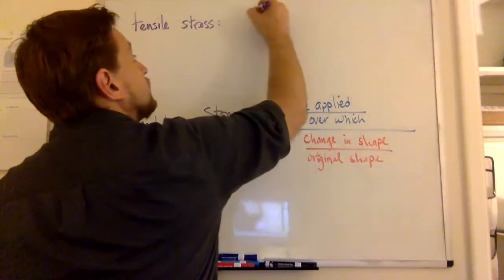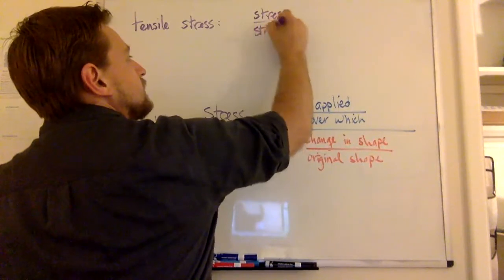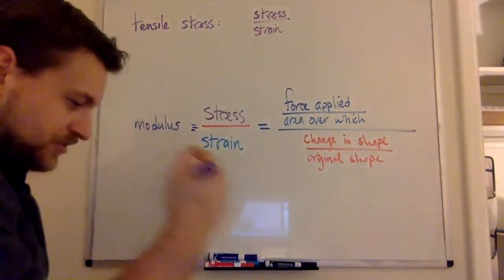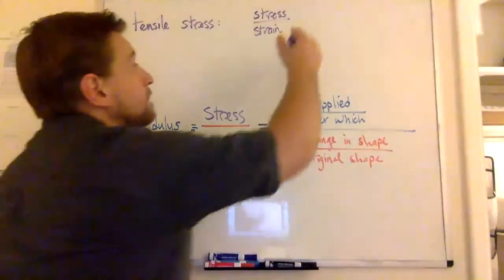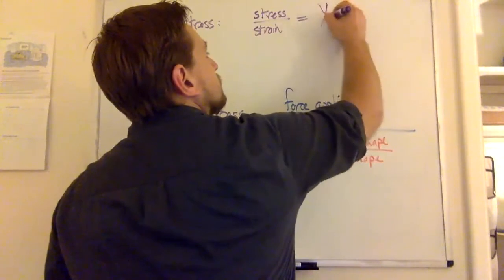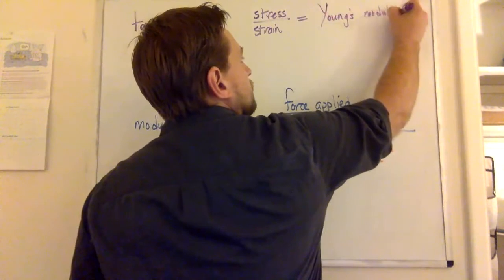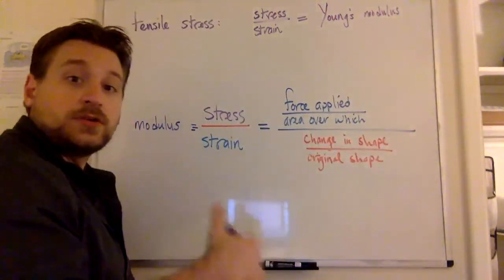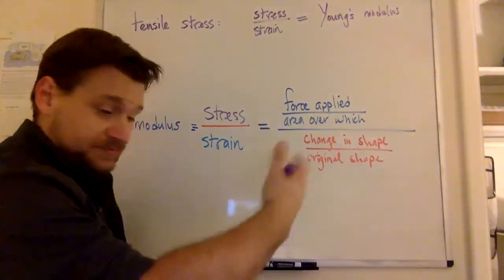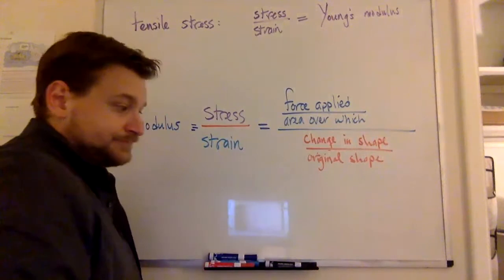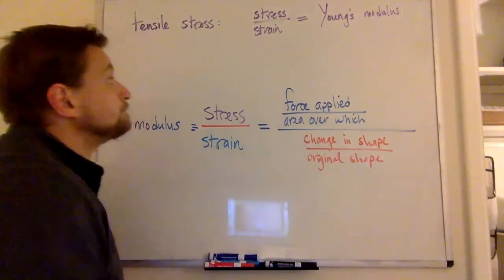And here, the relationship between stress and strain, the modulus with which we keep track of tensile response, is Young's modulus, and it's something we go look up in a table for the material in question. We can look it up for rubber or steel or copper or whatever substance you like.